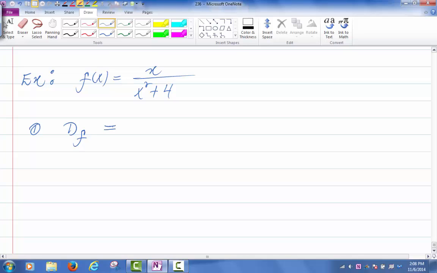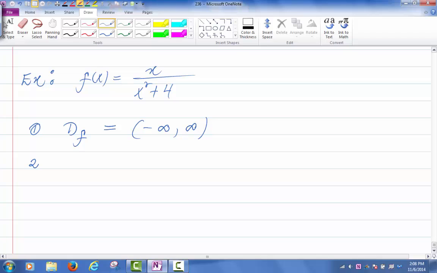And what would you say? You can just say it by looking at the function. Because the denominator, no matter what x is, is at least 4, the domain is all real numbers. Okay, so that's the first question. Find the domain of the function.